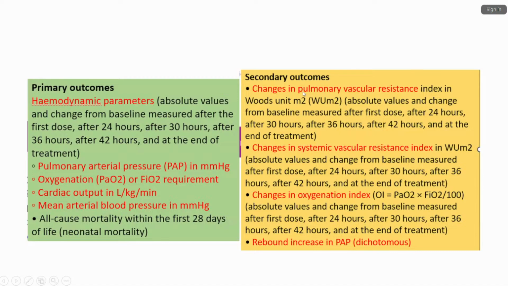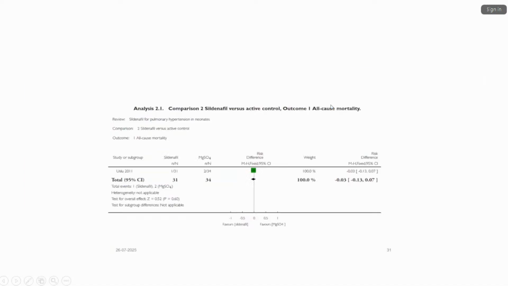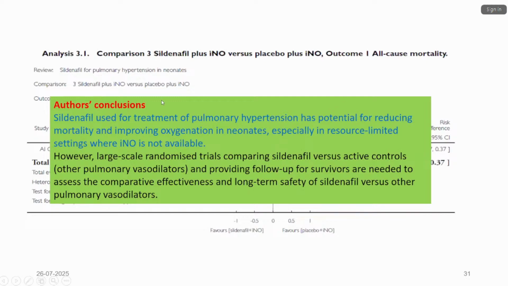Secondary outcomes were changes in pulmonary vasculature. So this was the outcome. This trial shows that sildenafil used for treatment of pulmonary hypertension has potential for reducing mortality and improving oxygenation in neonates, especially in resource limited settings where INO is not available.